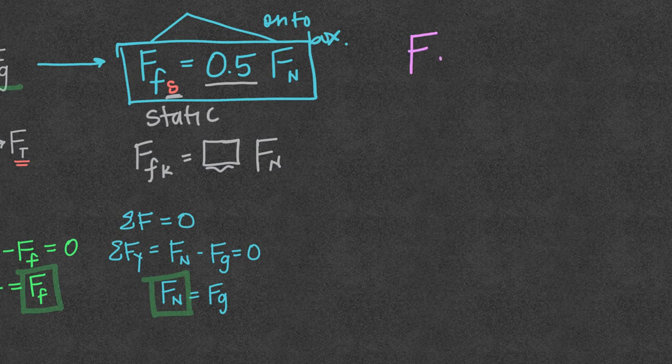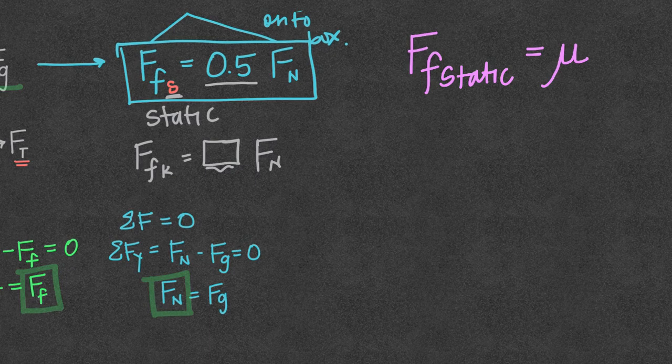So we can have the force of static friction, and that will be equal to a coefficient. Now remember, the word coefficient means number in front of. So the coefficient of friction, and we're going to use this Greek letter mu.